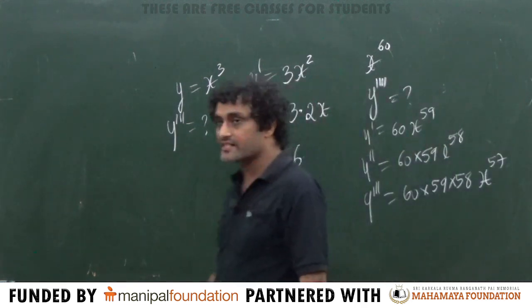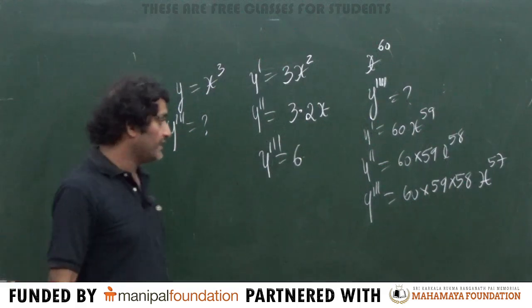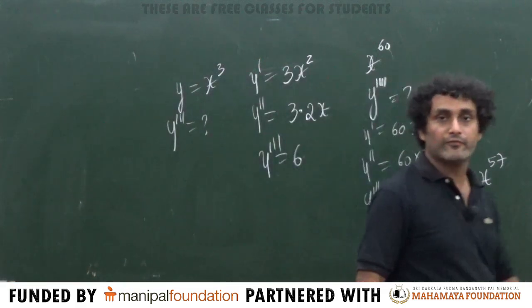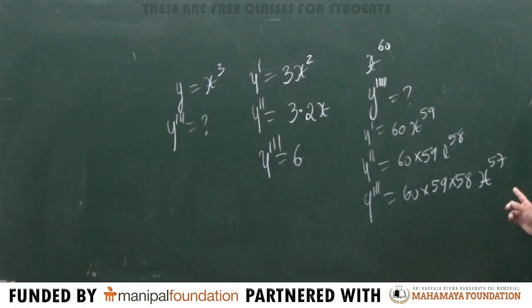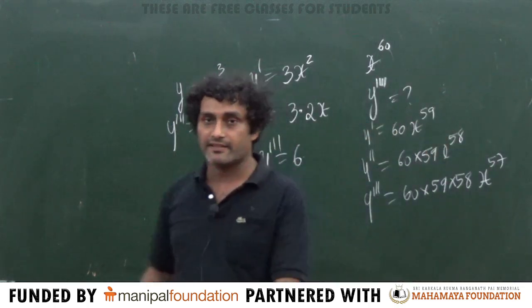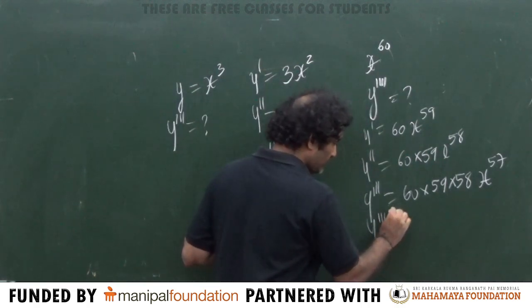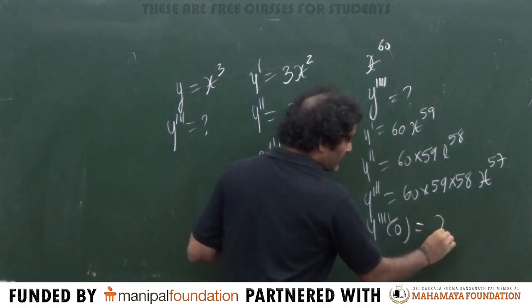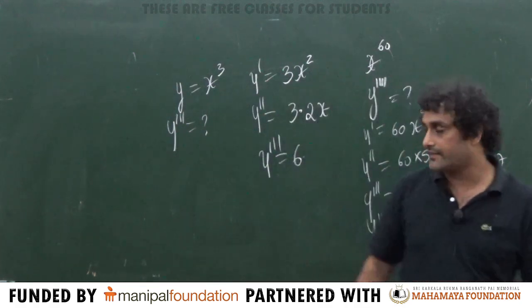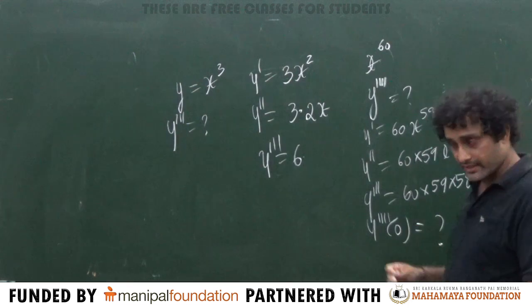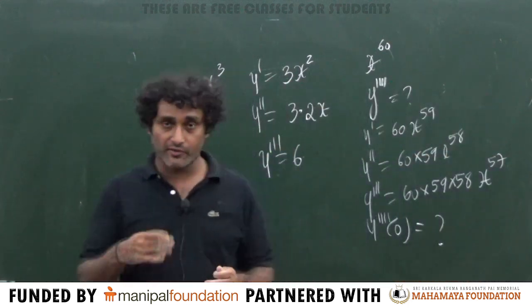Once more you do 60 into 59 into 58 into 57 x to the power 56. They will ask you find y to the power 4 of 0. It becomes 0 because there is x, so put 0 instead of x, answer will be 0.